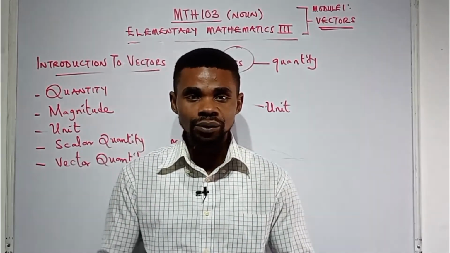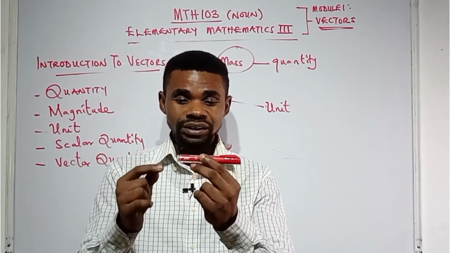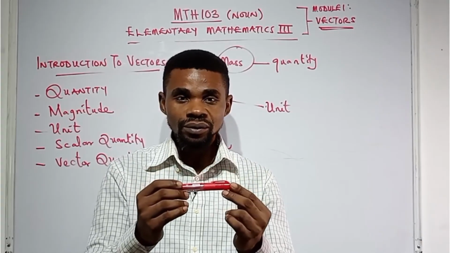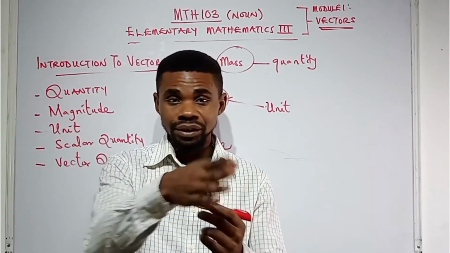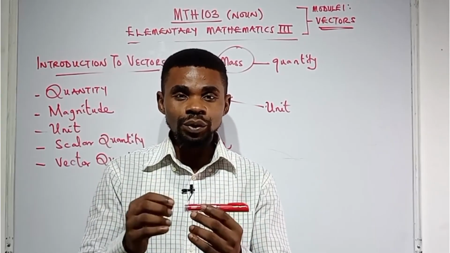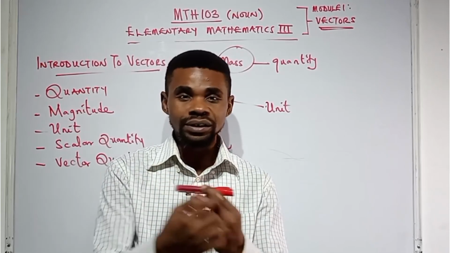Distance just talks about the length between two points. The two points might not be on a straight line, it can be curved, but the fact that we measure the length between two points, that is distance.